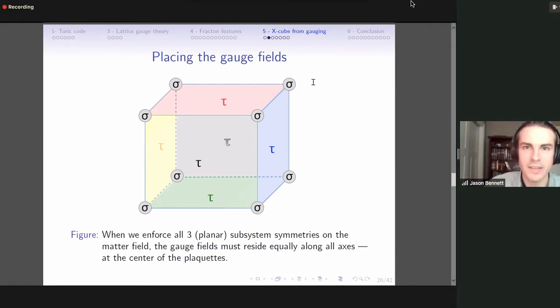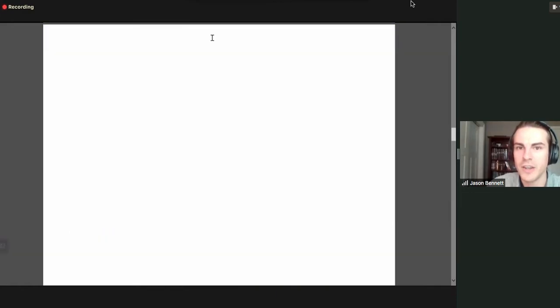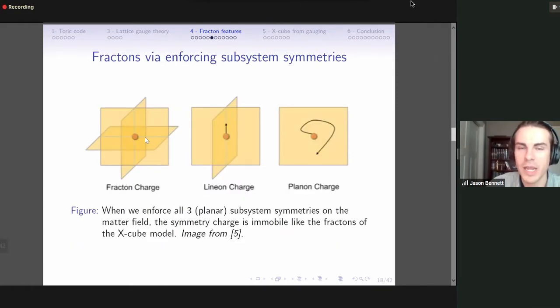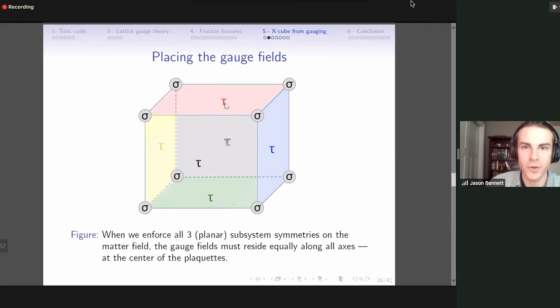But in this case, instead of putting them on edges, it's most helpful to think about the subsystem symmetries, where you can envision how to obey all the subsystem symmetries along 1 plane, 2 plane, 3 plane. The only way to have the equal amount is to put them on the plaquettes. So here I'm putting my gauge fields on the plaquettes around a particular cube. I've got a gauge field on this edge, a gauge field on that edge, and so forth. And my matter fields are on the vertices.